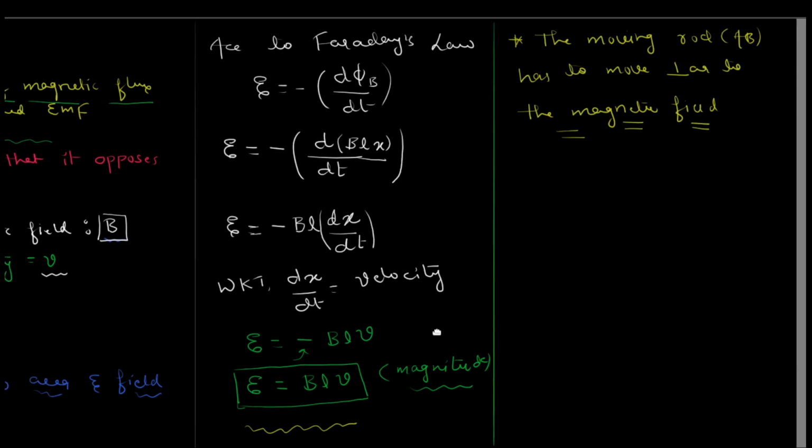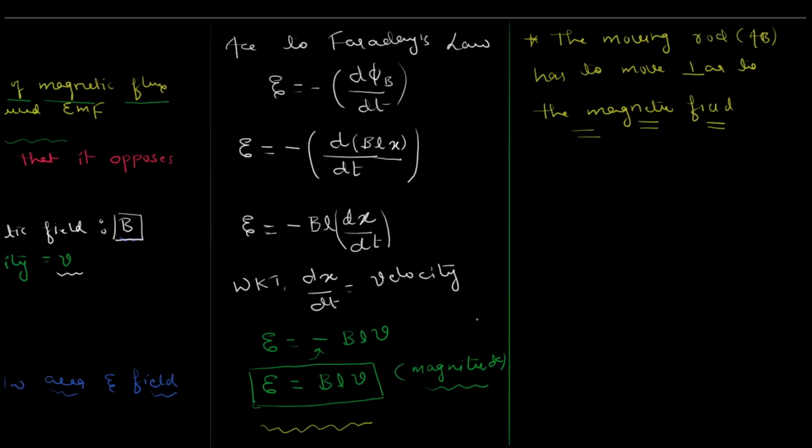But can there be a case where there is magnetic field, check, motion, check, rod of certain length L, check, but even in that case, you will not have induced EMF? Let's see if that can happen.